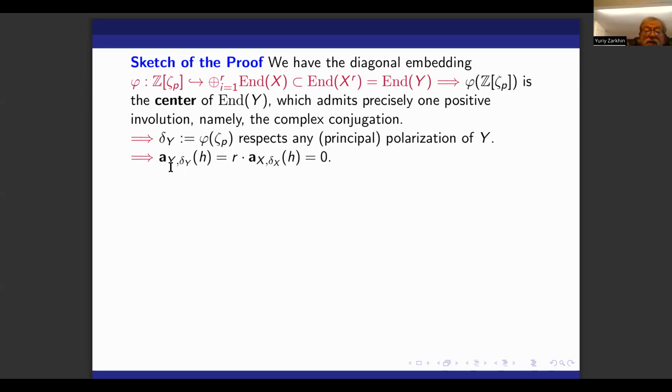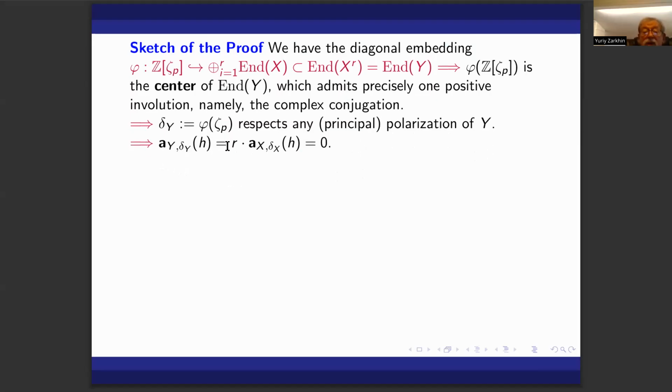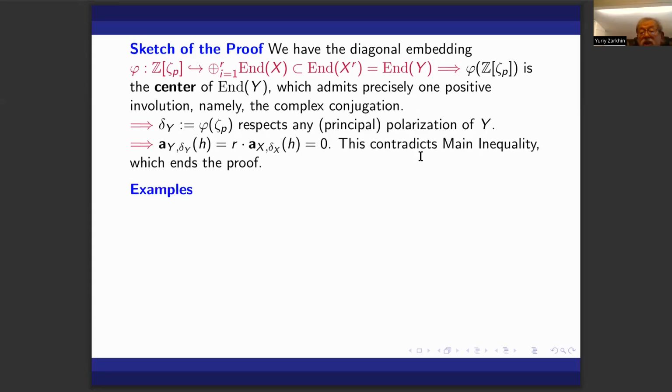So we may apply our previous results and get that the multiplicity is zero. But this contradicts the main inequality, which ends the proof.